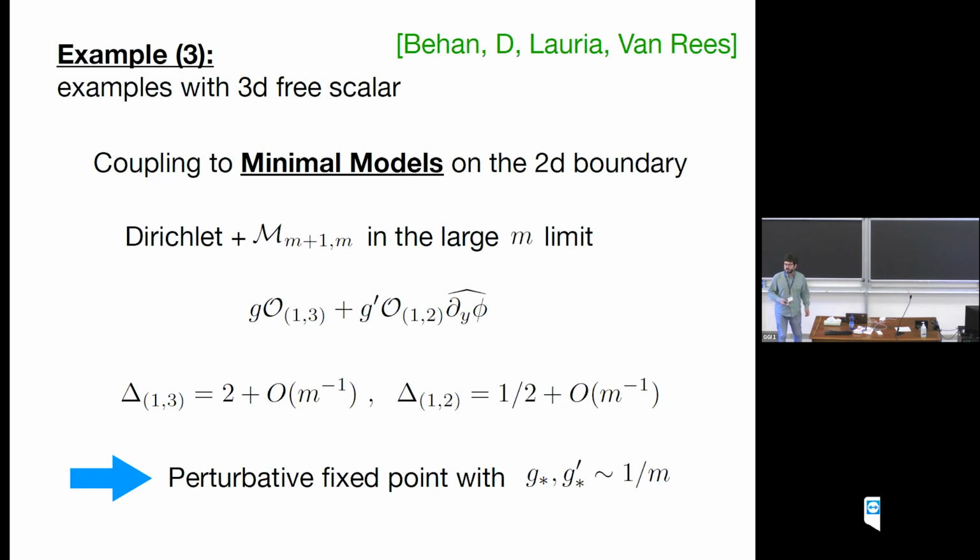Sorry, can I also ask? So if O12 becomes phi in the infrared, identified with the restriction of phi, then you have phi d phi that should be a descendant, no?